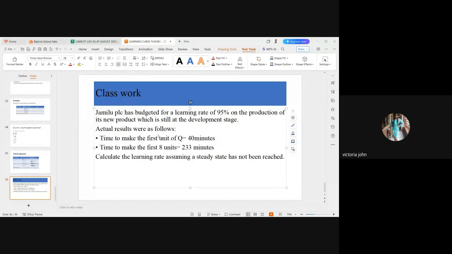Okay, fine. Then your cumulative average is what? 233. Yeah, I did 233 divided by 8 to get it. Okay, I think that is right.